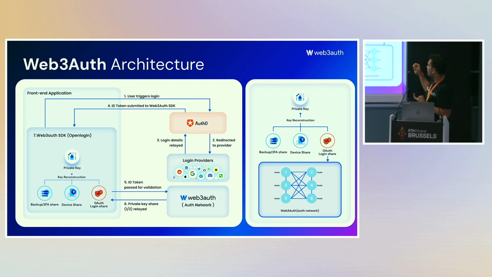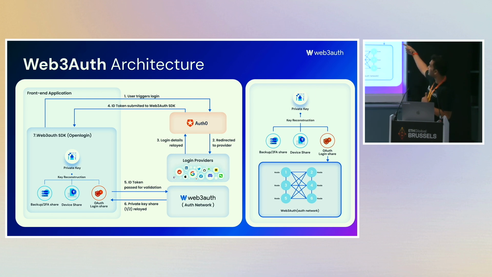When somebody gives you the ID token, these nodes validate whether it's a correct ID token or not, and pass over their share to the front end. Inside of the front end, we dynamically reconstruct the private key, and using that, we can get the final private key of the user. And this is our Shamir secret sharing based architecture. For MPC based architecture, we do partial signing across all the nodes.